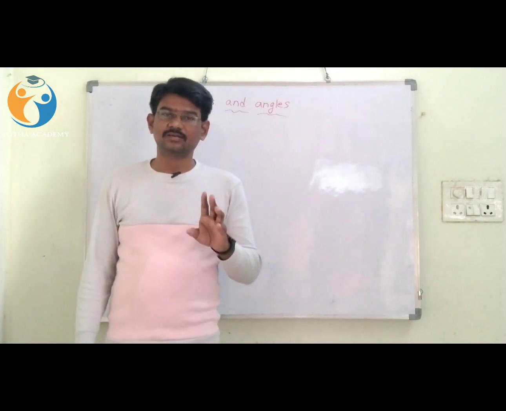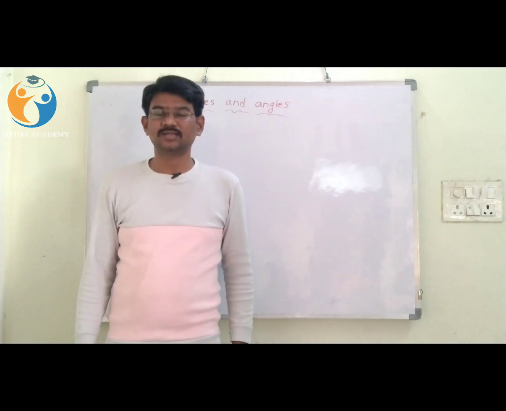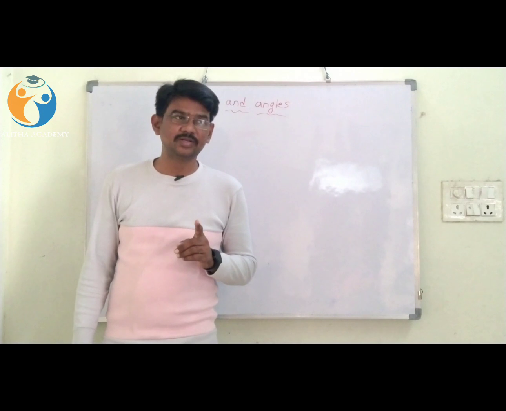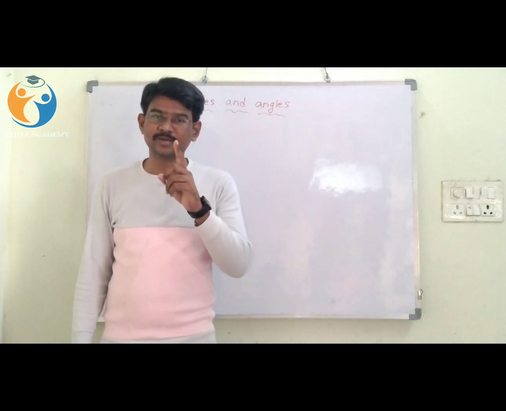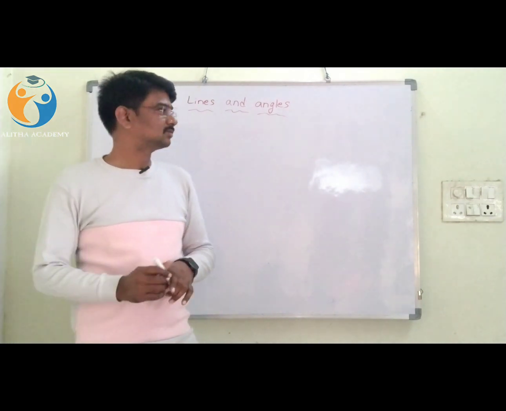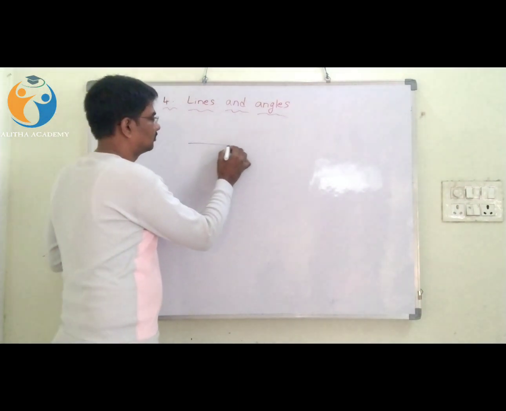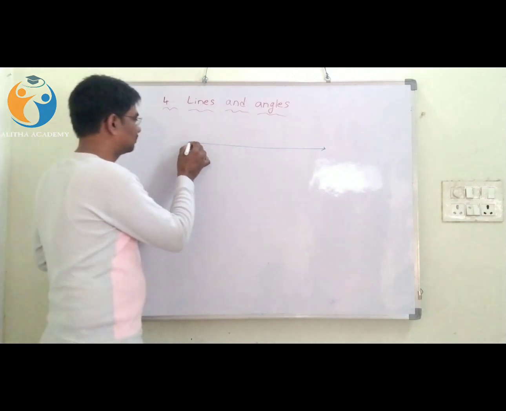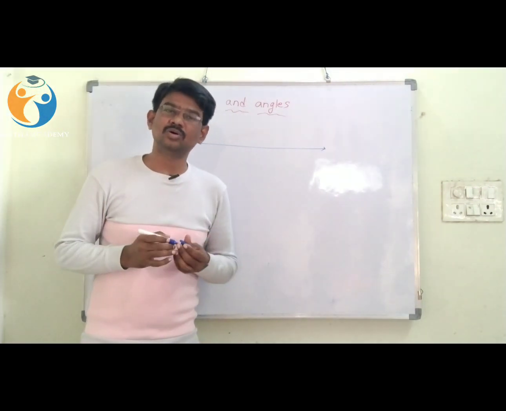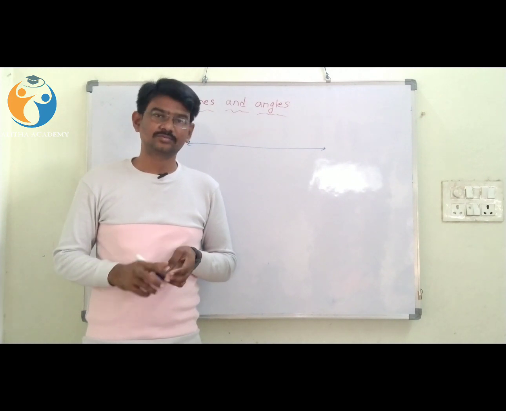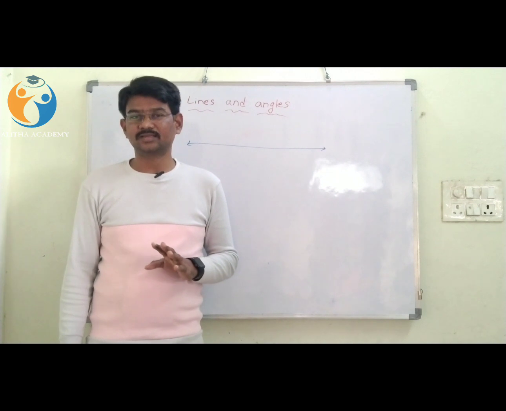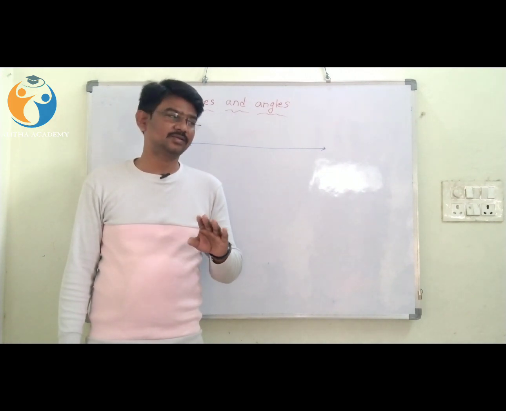A line is a 1D picture. Why a 1D picture? It has only one dimension. What is that one dimension? Length. Only length. No breadth and no height.